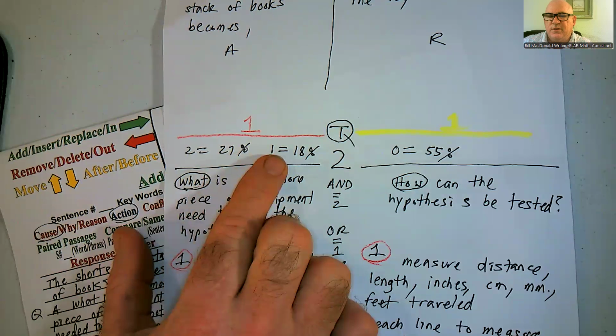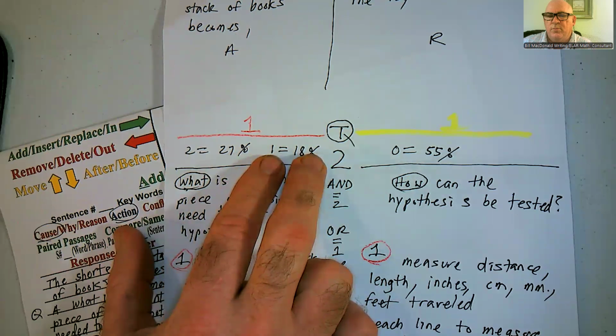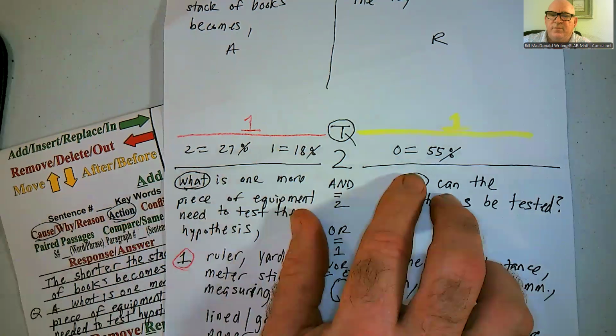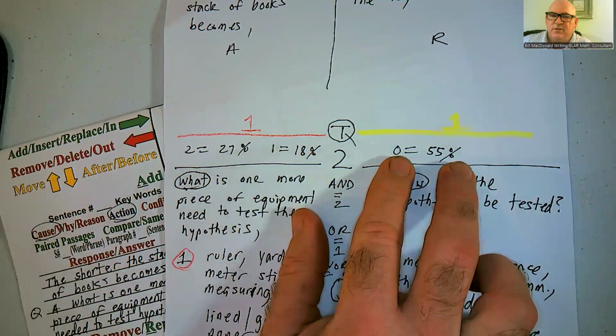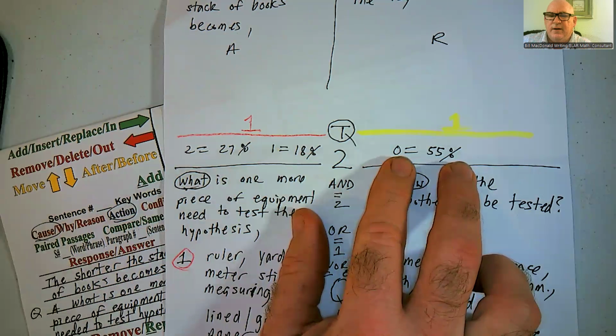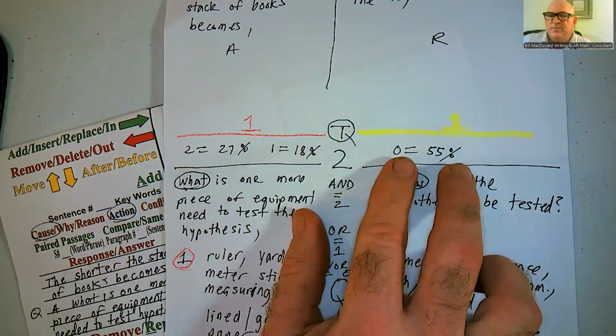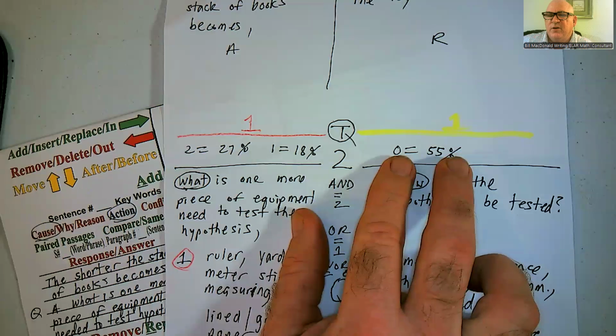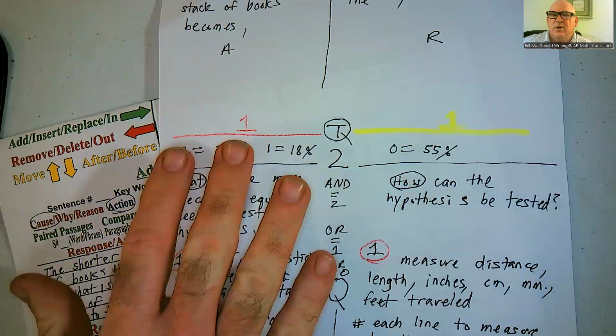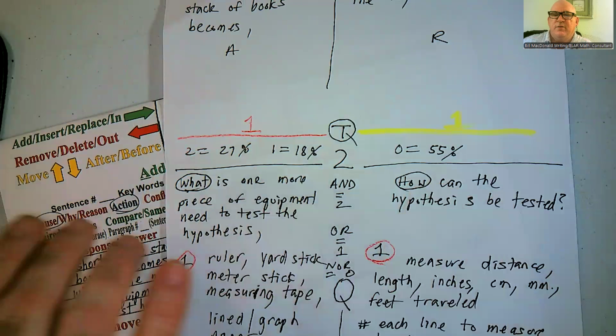Only 18% got 1 point for the first part or 1 point for the second part, but more than 55%, and that was my understanding because it was very hard to understand the item analysis reports based on the way they wrote them last year. But that's my understanding that more than half of the students in 5th grade couldn't even get 1 point because they couldn't answer part A or part B of the question.